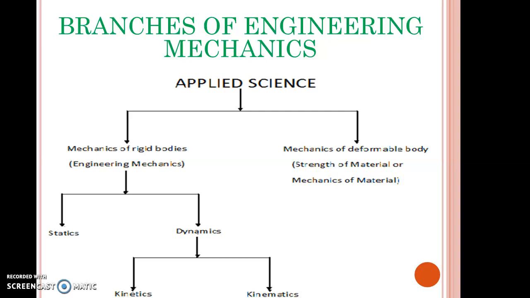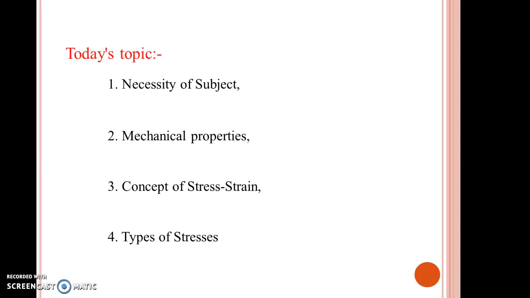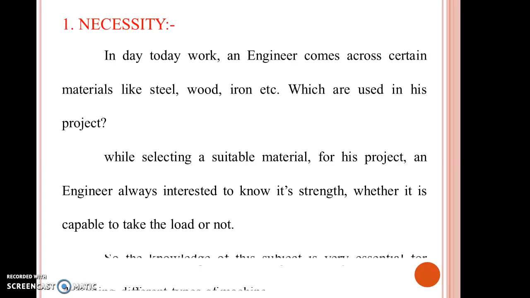That means the whole solid mechanics is divided into two types. Okay, now in the last lecture or in the last year we have seen the mechanics of rigid body. Now we have to focus on the mechanics of deformable body, that is strength of material or mechanics of material, in which your first topic is nothing but the simple stresses and strains.